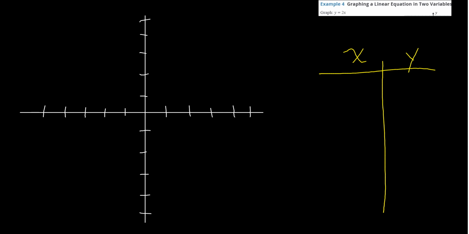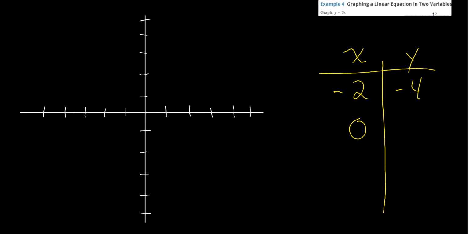Okay. And so let's just start with a -2. If we plug in a -2 for x, we're going to do some mental math here. 2 times -2 is -4. So we have -4. Let's plug in a 0. When we plug in a 0 for x, we have 2 times 0, which is 0.